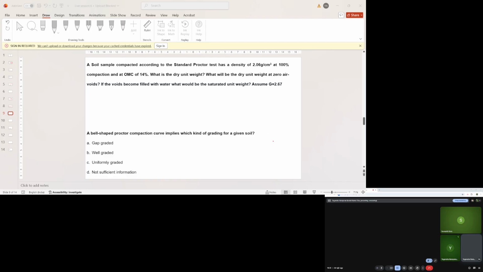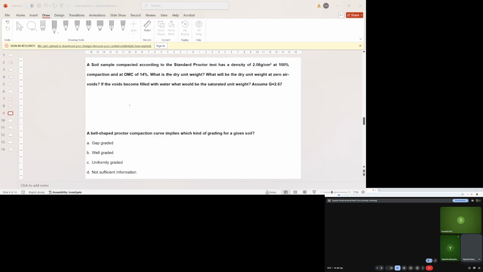Now we need to understand what is the volume of solids that is present. For this we get gamma S is equal to weight of solids by volume of solids.